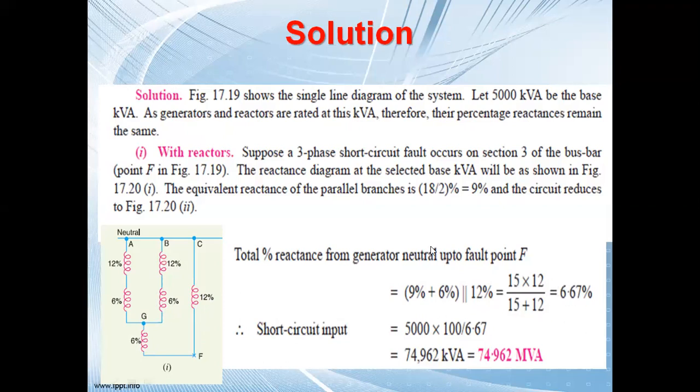Yes or no? Please tell me if you have not understood this series-parallel combination, how to calculate this percentage reactance. It is clear, na? Okay, so the short circuit capacity we can calculate. That is the base MVA into 100 by percentage reactance.